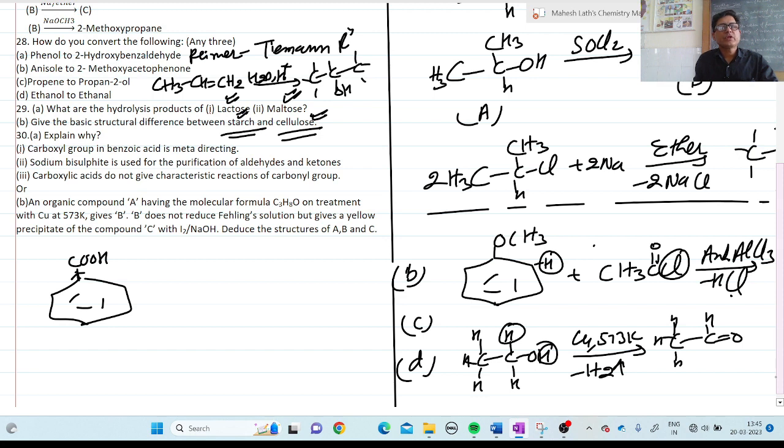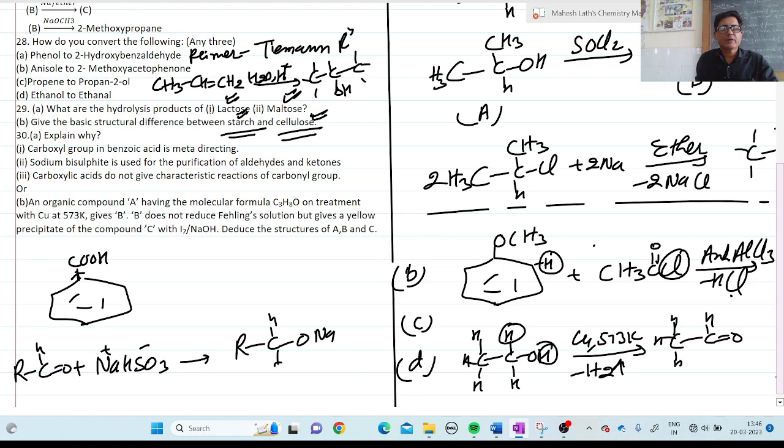Second is sodium hydrogen sulfite, which is called sodium bisulfite, NaHSO3, used for the purification of aldehydes and ketones. RCHO with Na plus HSO3 negative, its salt is formed.